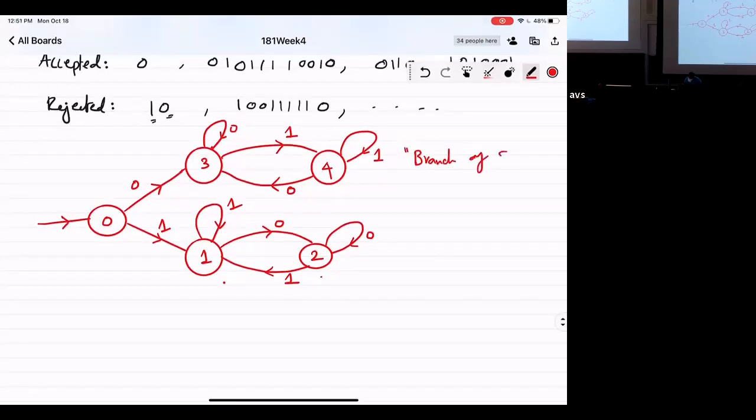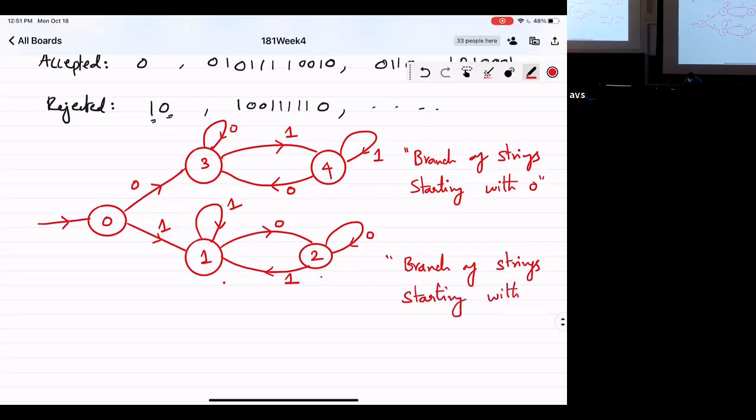This is the branch of strings starting with 0, and this is the branch of strings starting with 1. And what should the accepting states be? 1 and 3. Exactly.